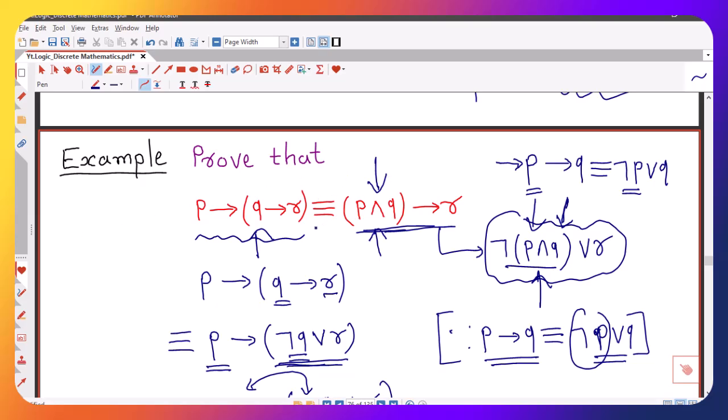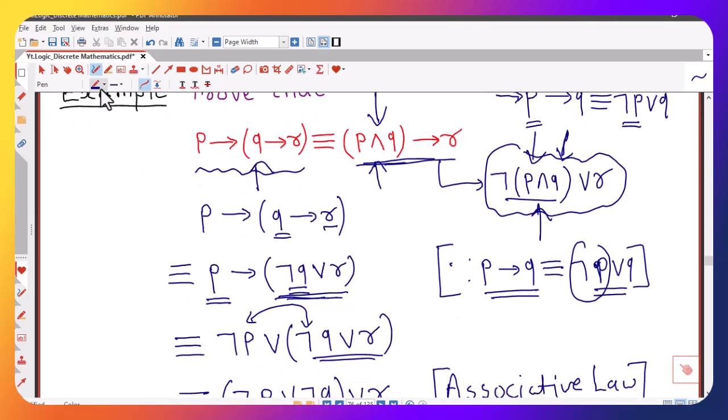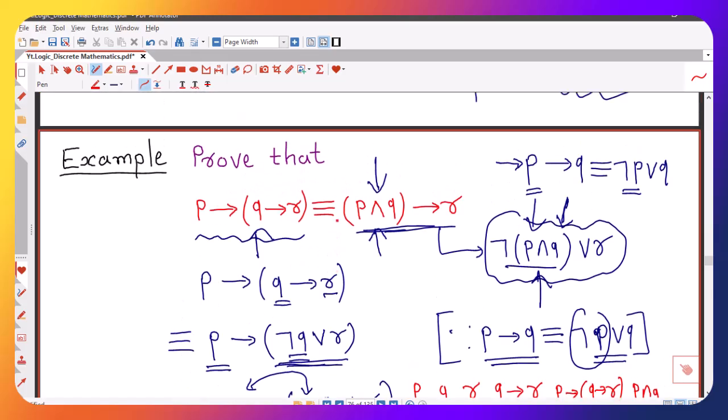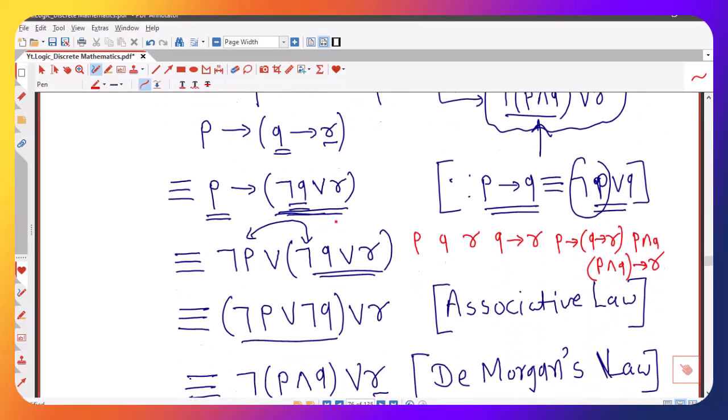Suppose you use the truth table, then you have to prepare all these things. Suppose I want to use truth table to show that these two are logically equivalent. I have to write P, Q, R, then I have to find out Q implies R, then P implies (Q implies R), then P and Q, and then (P and Q) implies R. So using this method also we can show that two statements are logically equivalent.